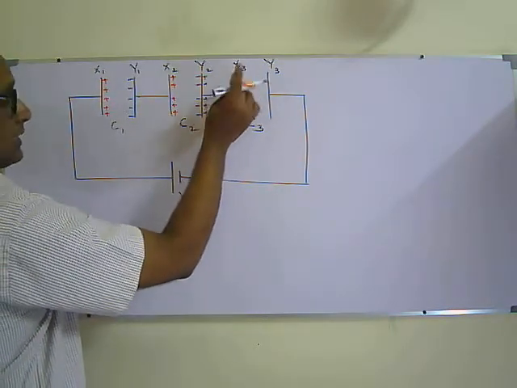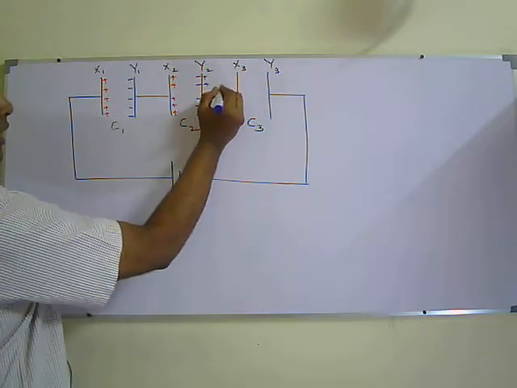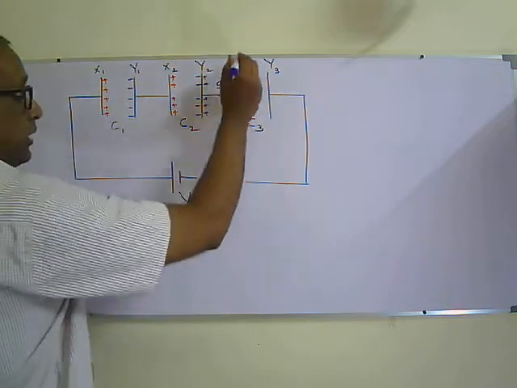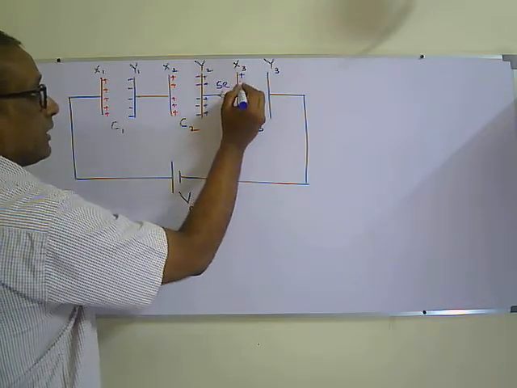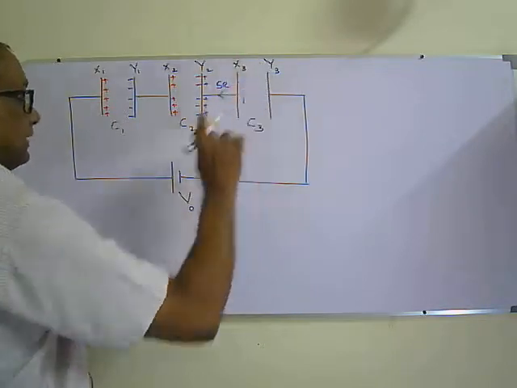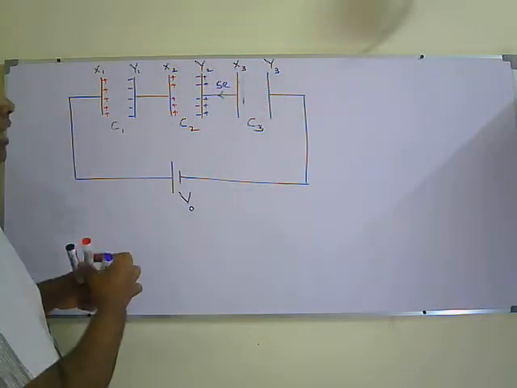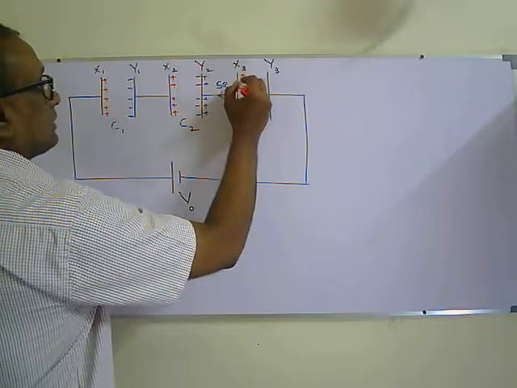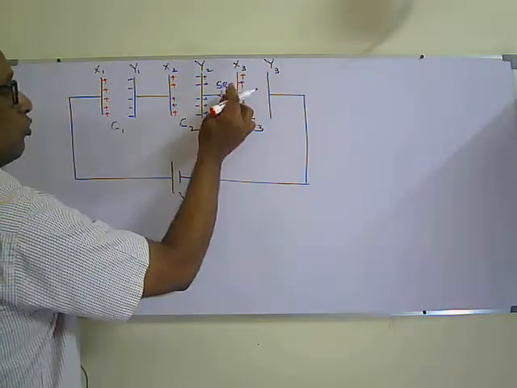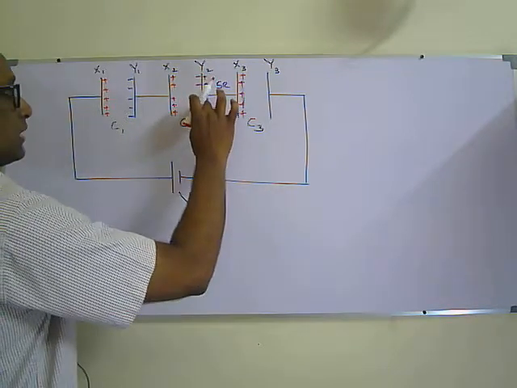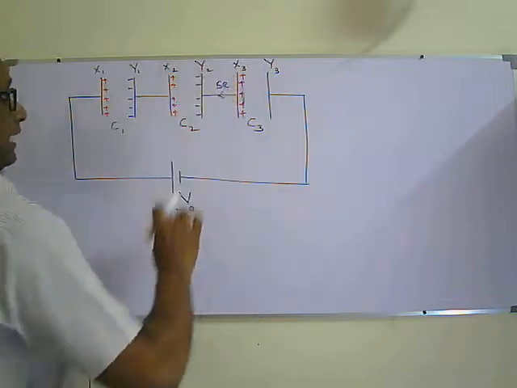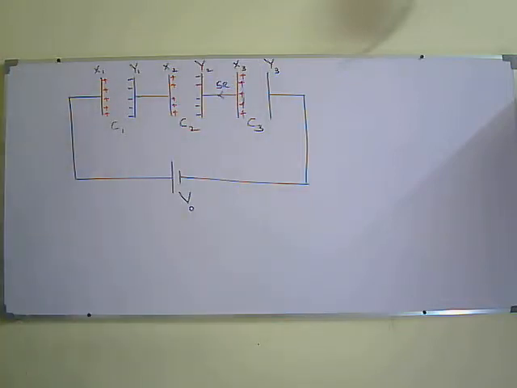So when 5 electrons flow from plate X3 to the plate Y2, the inner surface of the plate X3 will become positively charged and that will consist of positive 5 charges. So those 5 electrons move to the plate Y2 and they'll neutralize. So effectively, plate Y2 will carry 5 negative charges.